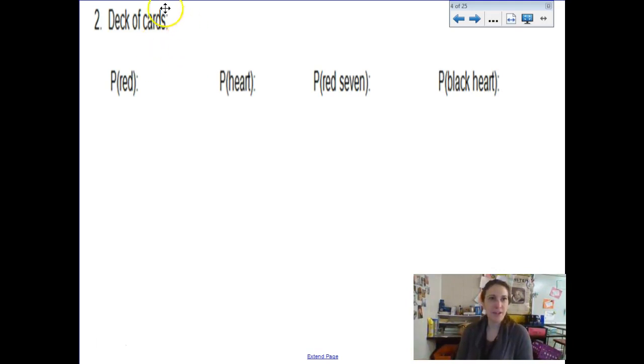A standard deck of playing cards, remember we have 52 playing cards total. Of those 52 cards, there are 4 suits. I would draw them for you if I could. We have diamonds, spades, clubs, and hearts.